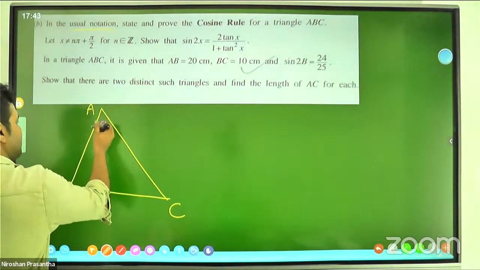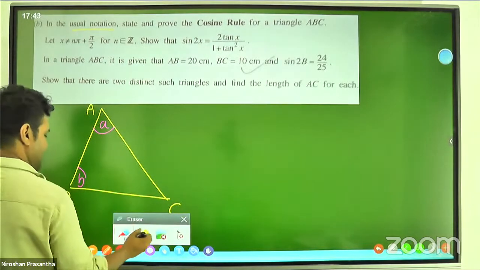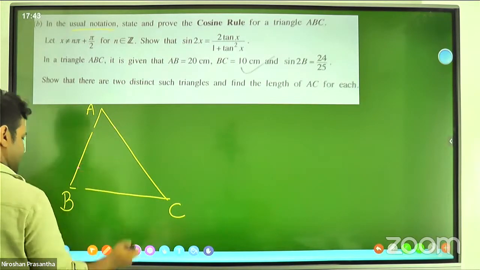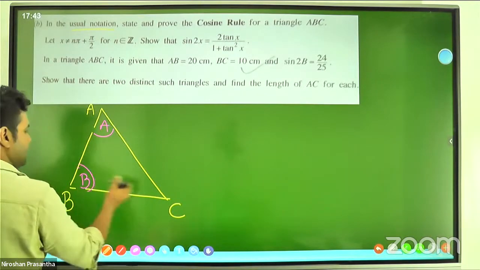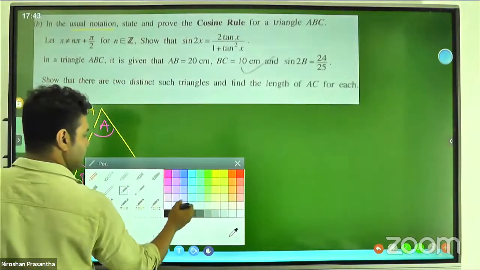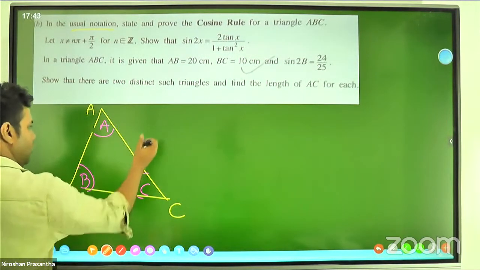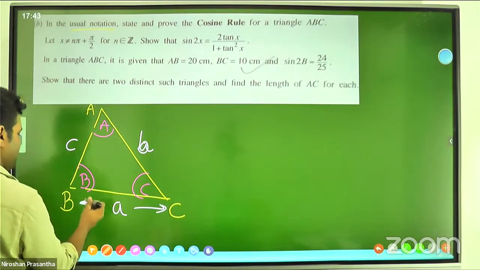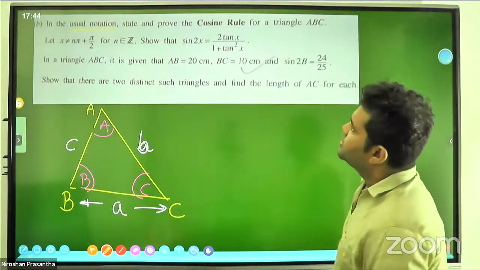The angles are capital A, capital B, capital C, and the distances are the opposite distances: a opposite A, b opposite B, c opposite C. You know it. Now let's write the cosine rule.